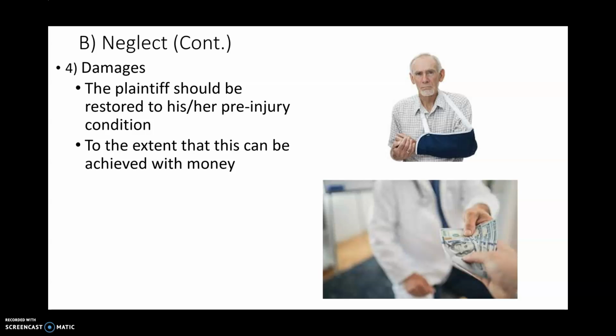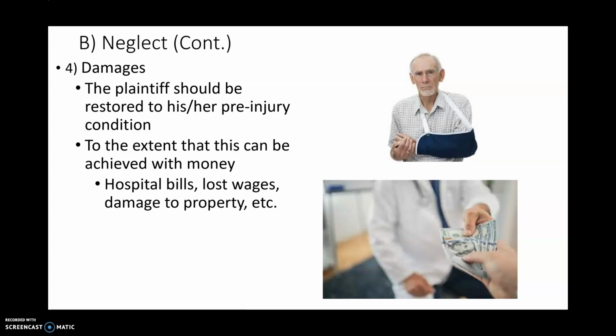Yes, you would have to pay for the damage to the car, but there are also going to be issues in regards to hospital bills, lost wages, in fact, even an early death. You can say, well, had you not been in this car accident and that person died, that person was slated to make X number of dollars at their job for X number more years before they retired.